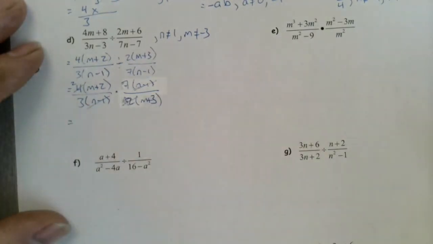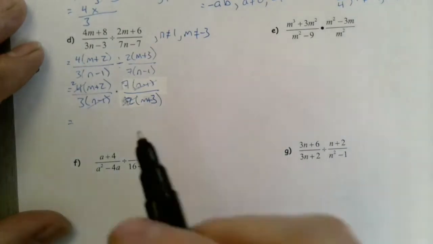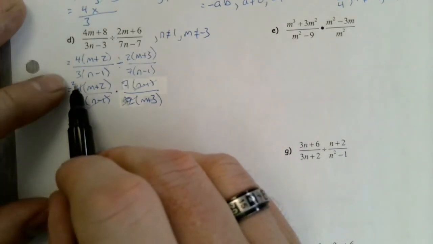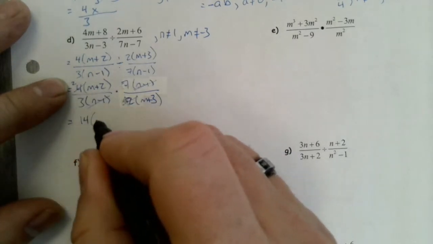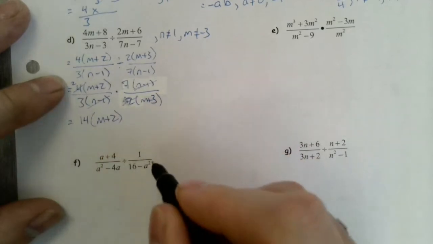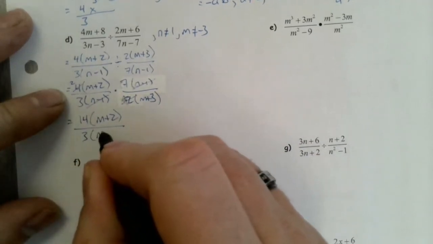There's no other shared factors. That m plus 2 and the m plus 3, they're not the same. And so what I'm left with here is 2 times 7 in the numerator, so 14, multiplied by m plus 2, over 3 multiplied by m plus 3.